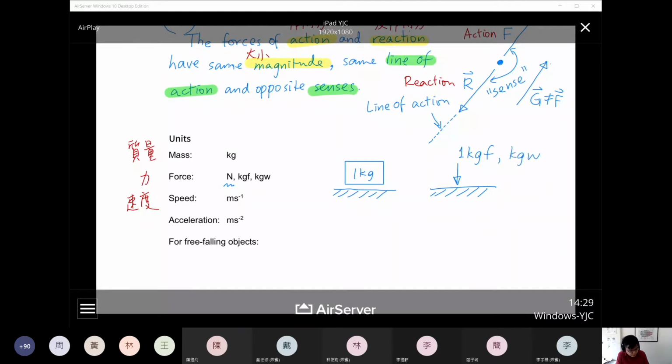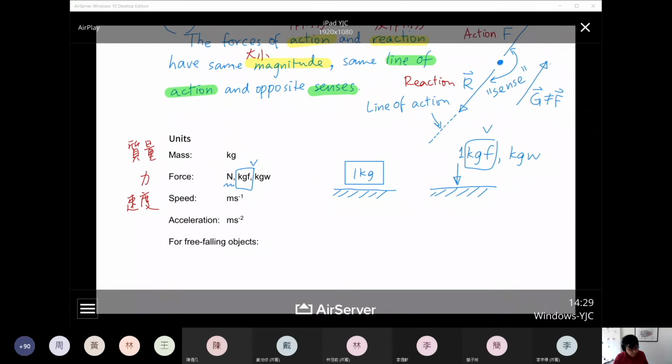I like kilogram force more, because kilogram weight usually only means downwards, but kilogram force can mean a force going towards any direction. Is that okay?